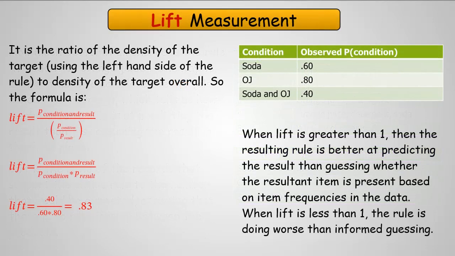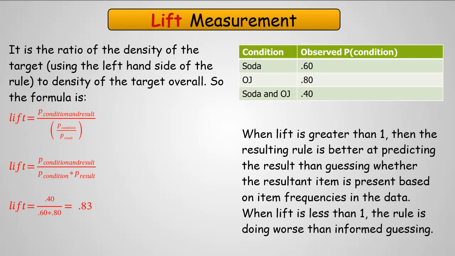It is the ratio of the density of the target, using the left-hand side of the rule, to the density of the target overall. Look at the formula: the probability of the condition and result divided by the probability of the condition times the probability of the result.